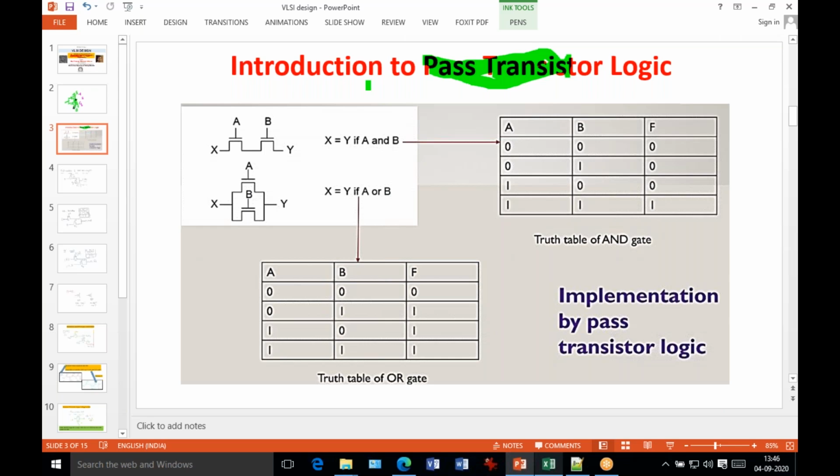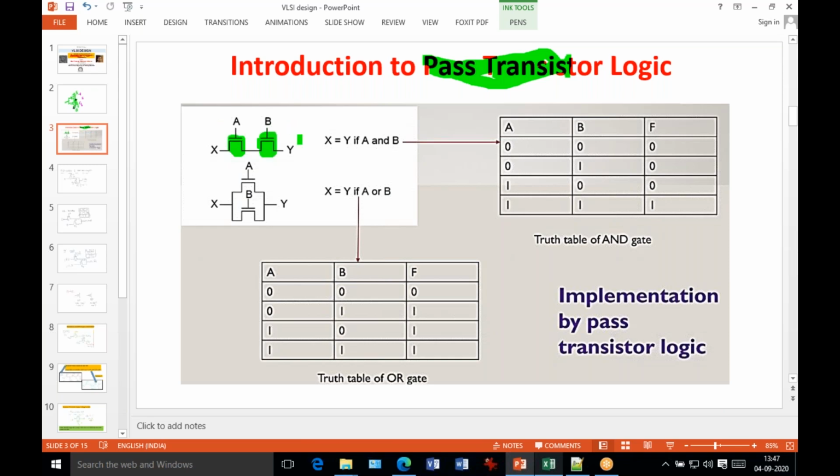In the inverter configuration, one is PMOS and one is NMOS. But here in the pass transistor logic, both transistors are of the same type.